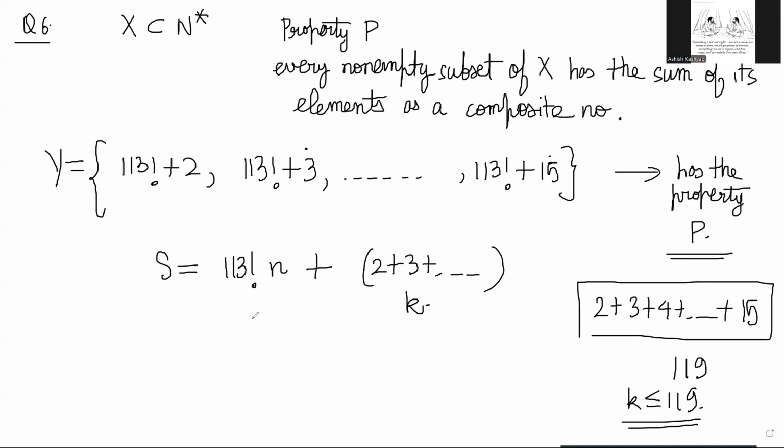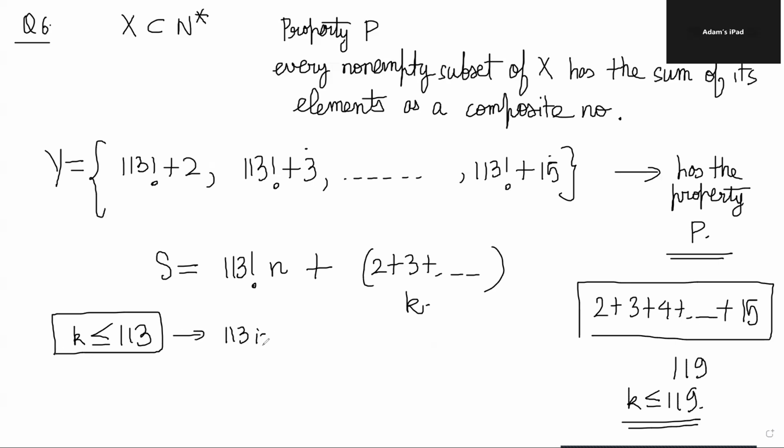And now what? If k is less than or equal to 113, then 113 is a common factor, so that the sum is composite. Fine, then otherwise you just check k from 114 to 119.